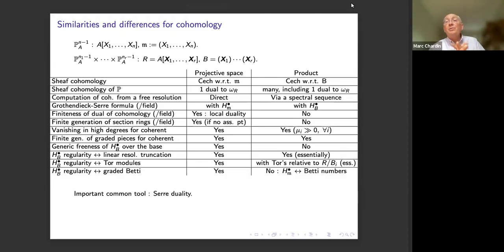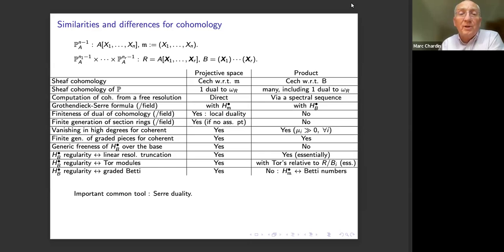So I will maybe finish this first part by mentioning two important tools. One common important tool that can be used in the multigraded case is sheaf duality. This holds also, and it's a very important tool that extends perfectly well.